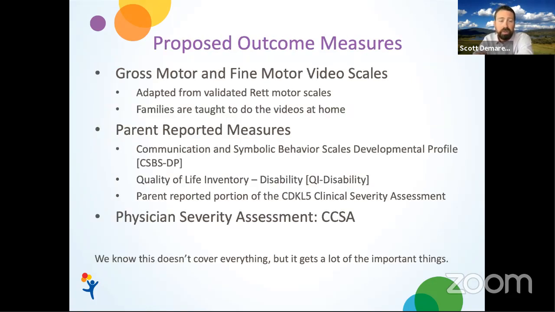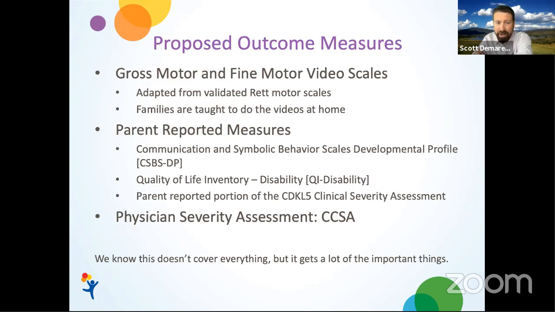So for the ICCRN, this is all in conjunction with Helen and Jenny, as well as all the other centers of excellence. We've proposed to develop these outcome measures. Gross motor, fine motor, these are both video scales. This is what Helen showed a snippet of in her talk, is the process of us trying to make sure that video assessments of gross motor can be done appropriately. We have a number of measures that you guys get to fill out for us.